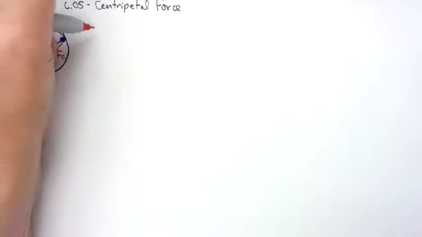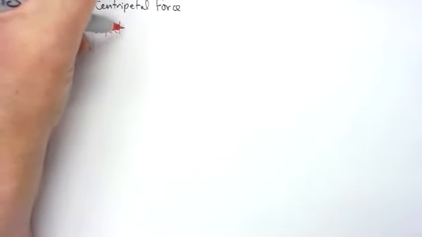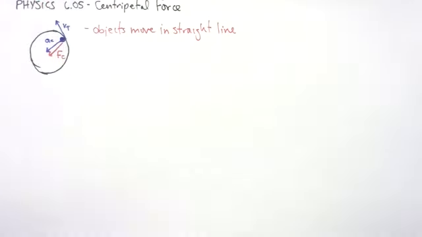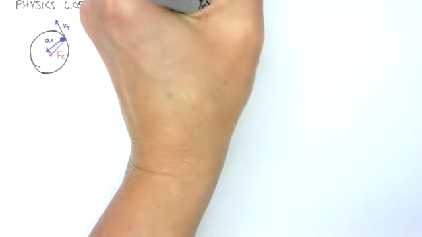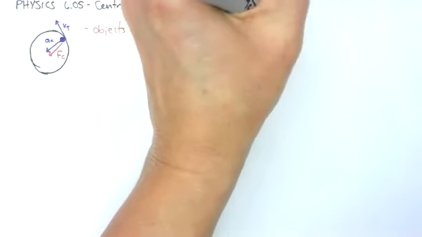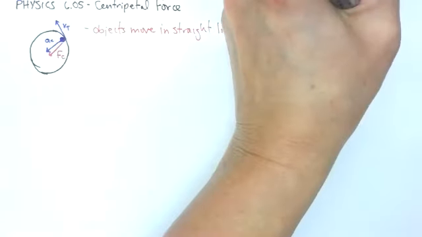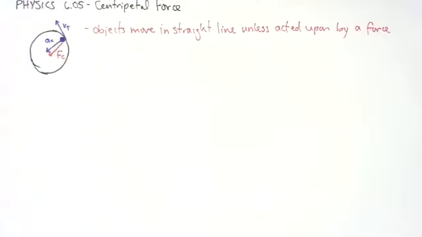And we said that the implication last time was that objects want to move in a straight line. Objects move in a straight line unless they're acted upon by a force.